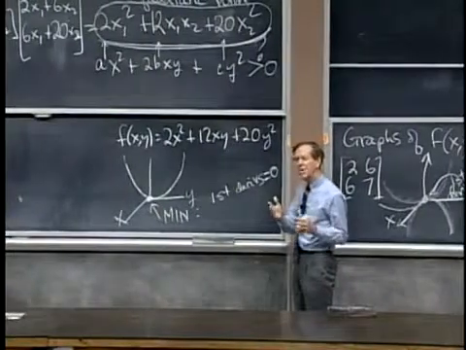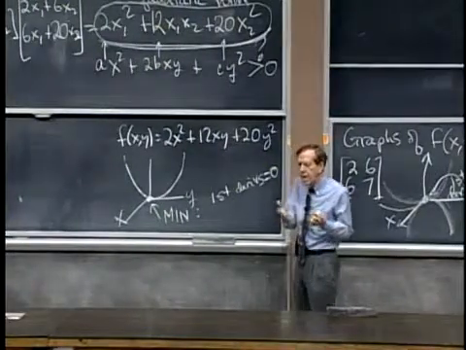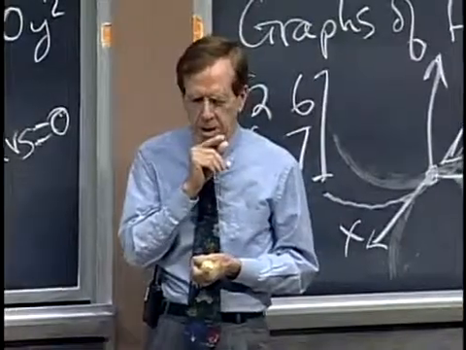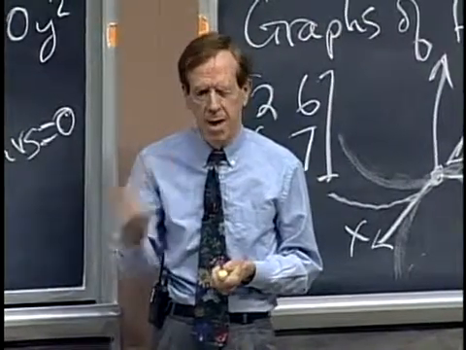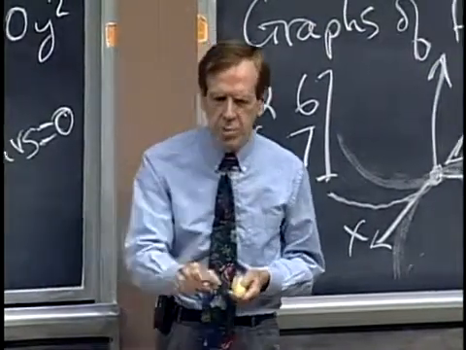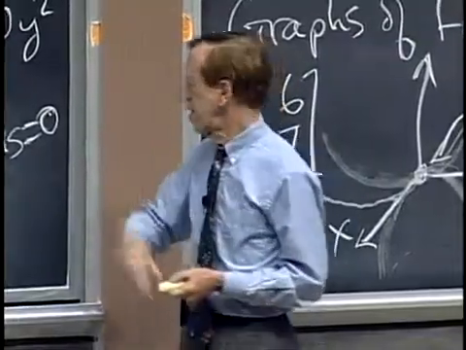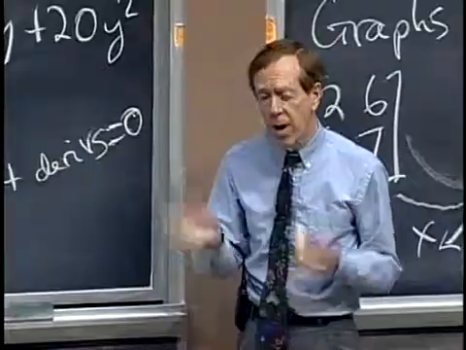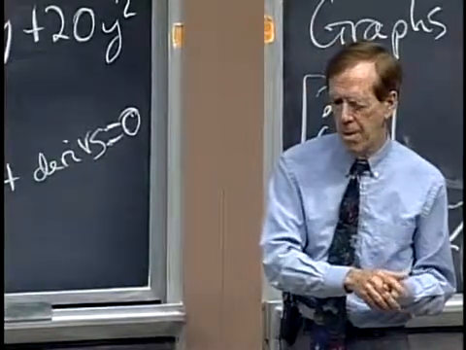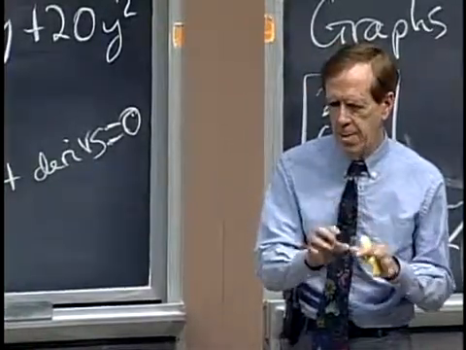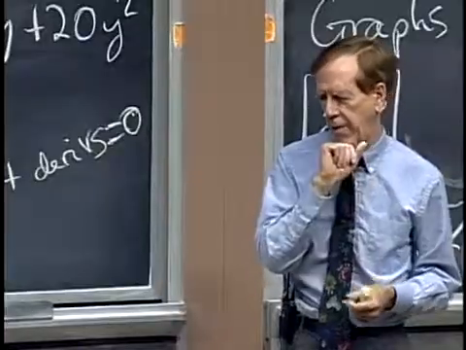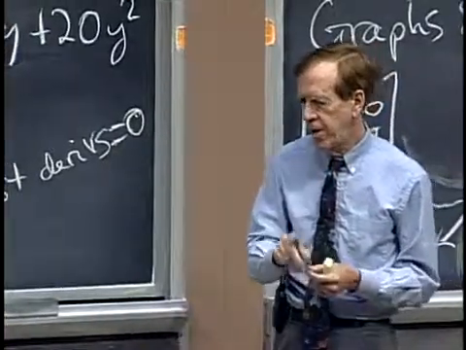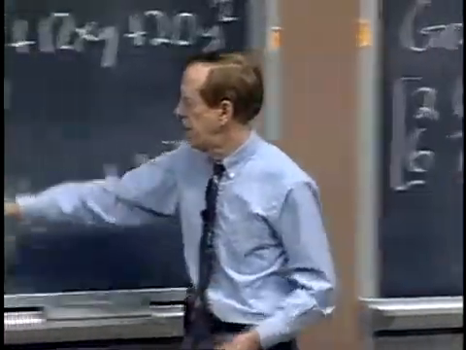And so here's my point. You remember in calculus, how did you decide on a minimum? First requirement was that the derivative had to be 0. But then you didn't know if you had a minimum or a maximum. To know that you had a minimum, you had to look at the second derivative. The second derivative had to be positive.